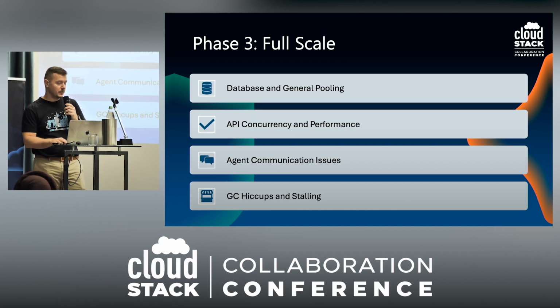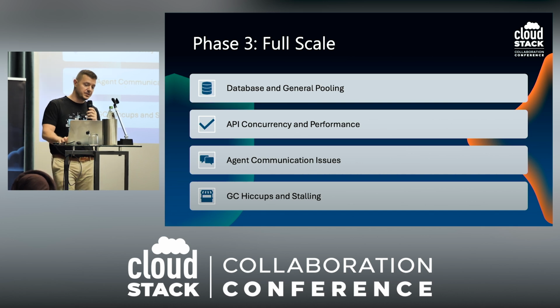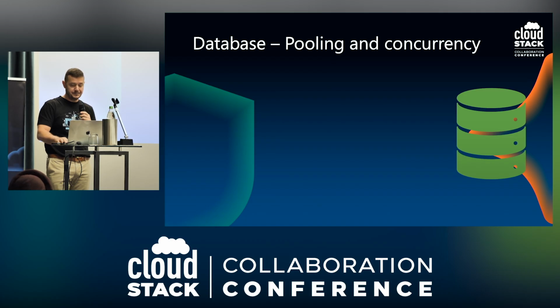And on the lower level, in the management service itself and the Java process, we started to see some hiccups with the garbage collection, which actually stalls the API performance. And we did some changes there, which actually yielded some good performance in that service itself. So let's see more details about that.